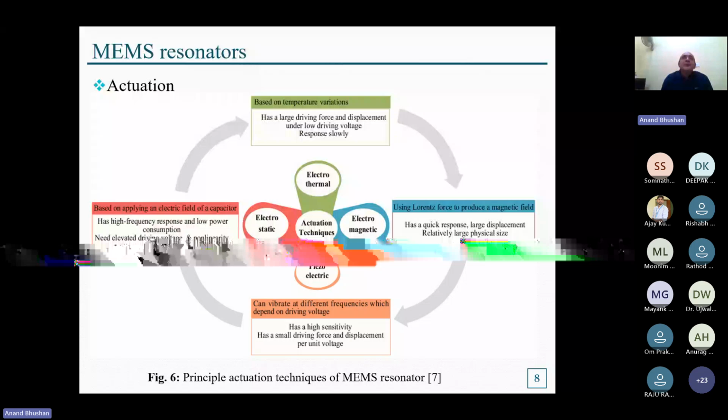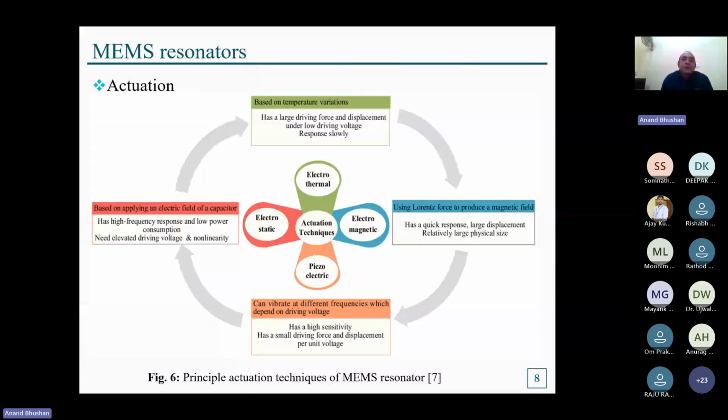We provide a bias voltage between the substrate and the microbeam, and it will generate attractive electrostatic forces. So this electrostatic force makes the microbeam deflect. It is very widely used, with very high frequency response and low power consumption. So, in this presentation, we discuss the electrostatically actuated microbeam resonator. This is primarily what we are going to discuss.